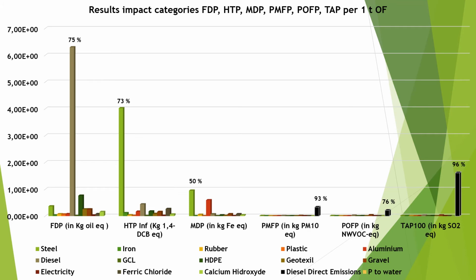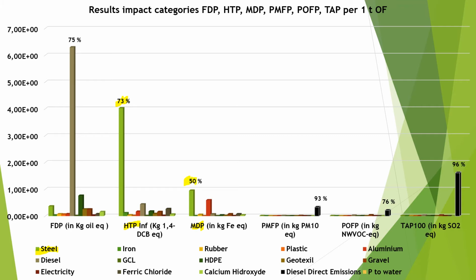About the other impact categories, comparing all inside each category and not among different categories because data are not normalized, we can see that steel has the highest weight in human toxicity and metal depletion potential with values of 73 and 50% respectively.